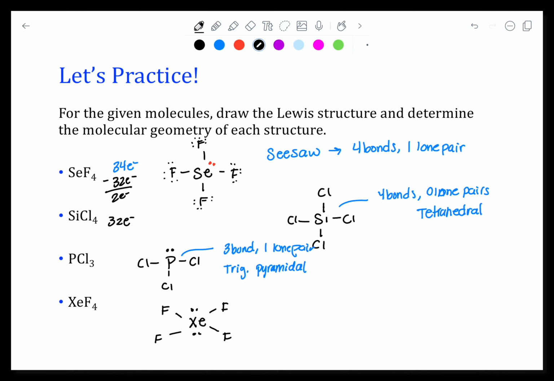Okay, so that's 2 lone pairs, 4 bonds, which gives us square planar. Okay, square planar because these fluorines all form a square and they are in the same plane. Okay, so that's octahedral for our electron domain geometry, but since I have 2 lone pairs, that becomes square planar.